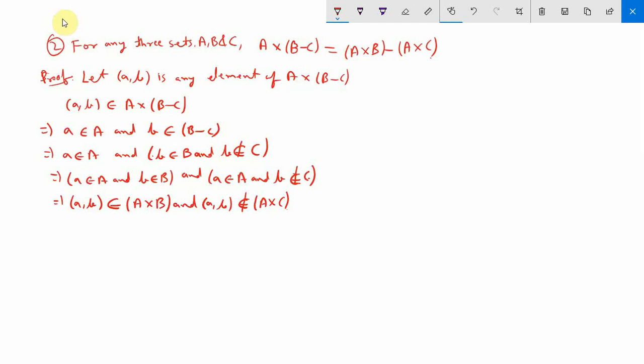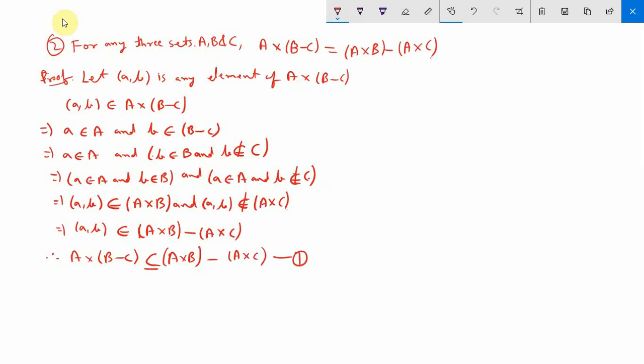So from this we can write the ordered pair (a, b) is an element of (A × B) − (A × C), or we can write from this A × (B − C) is a subset of (A × B) − (A × C). So we will write this equation as first one.